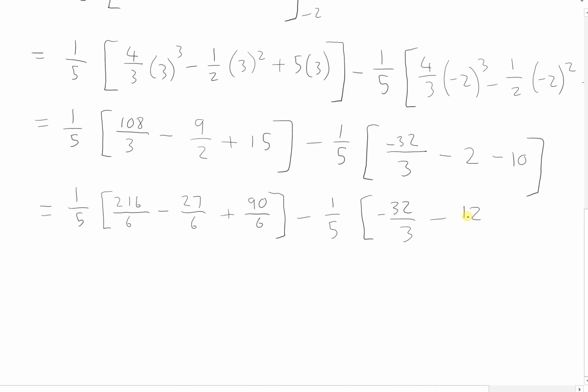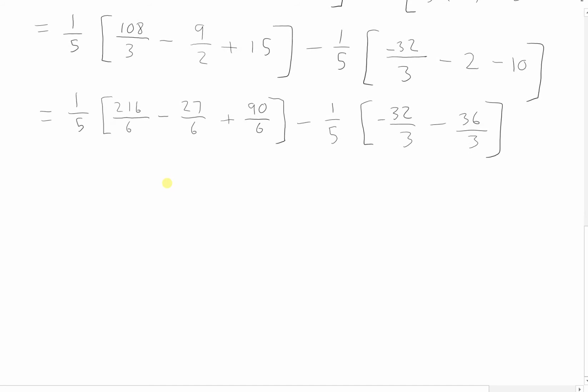So for negative 12, I want to get a 3 on the bottom, so it's negative 12 times 3, which is 36. So it's just going to be 36 over 3. Okay, and so let's simplify this. 1 over 5 times 216 minus 27 plus 90 is going to be 279 over 6.